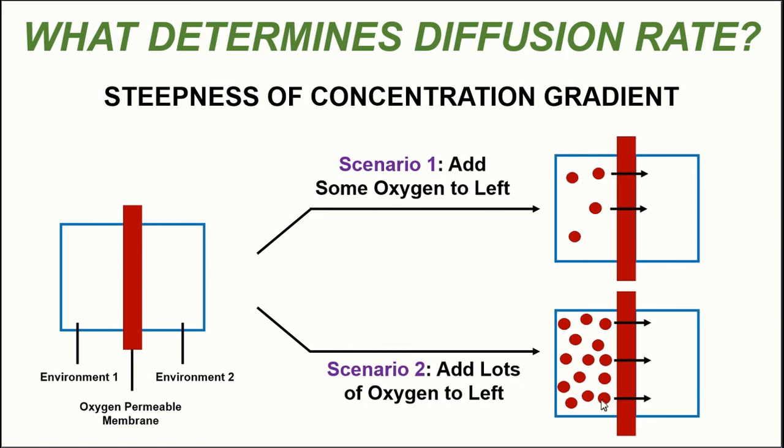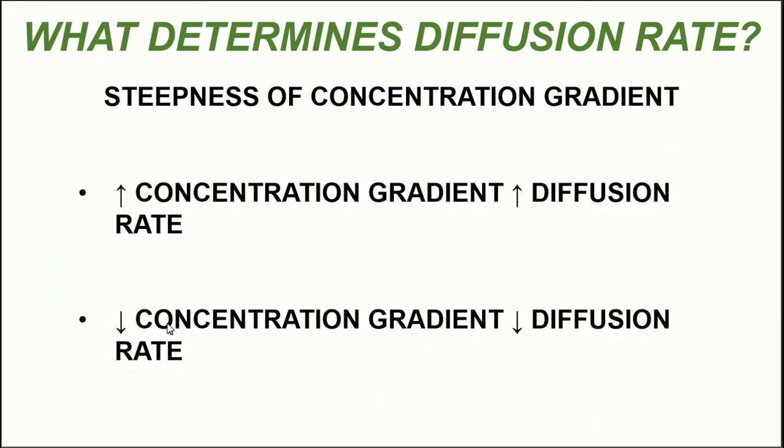And so what we end up seeing is that in the second scenario, in which we started with a higher concentration of oxygen, we would have a higher rate of diffusion than in the first scenario. And so this means that the more stuff that we start with on one side of the membrane, the greater the diffusion rate is going to be. And so if we wanted to look at this in terms of what happens when we increase the concentration gradient, when we increase the concentration gradient on one side of the membrane, we're going to increase the diffusion rate across that membrane.